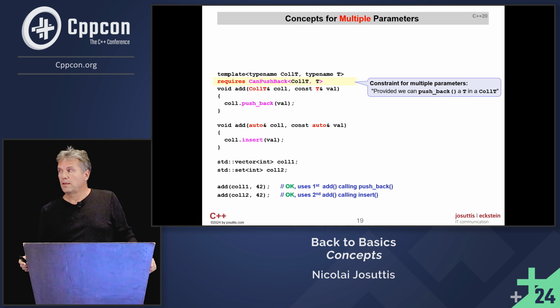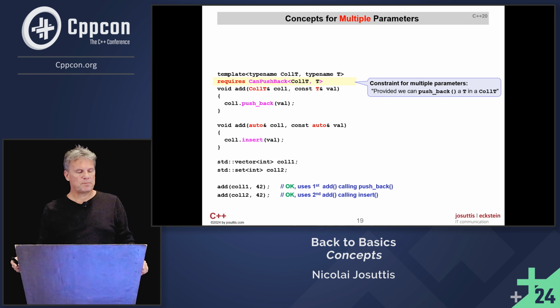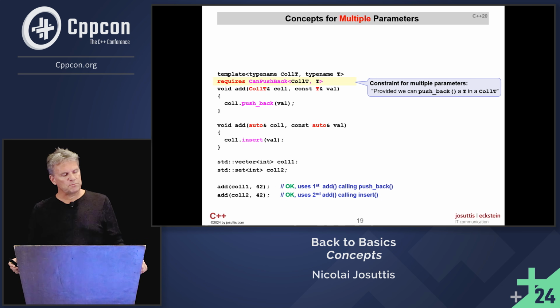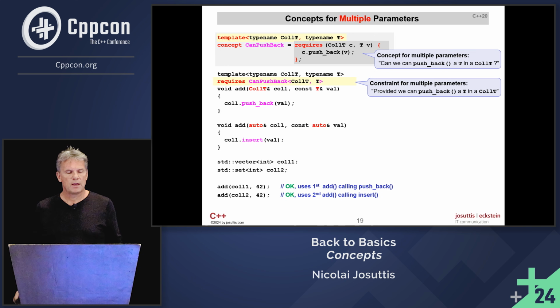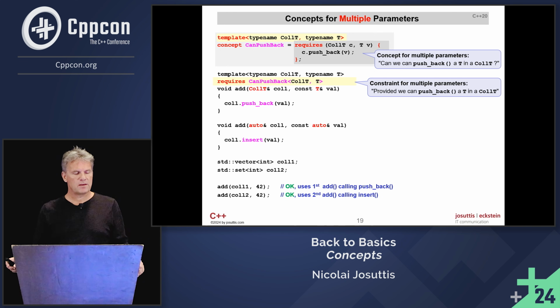So it's possible. The concept can support multiple template parameters. So we here constrain the add so that it should be possible to push back a T in a coll of type T. Here's a definition. That's a concept for multiple parameters.